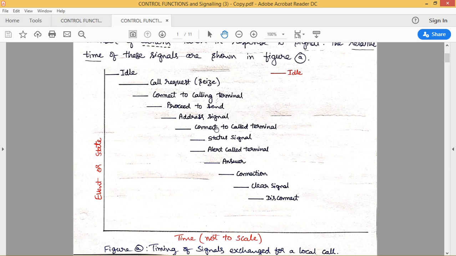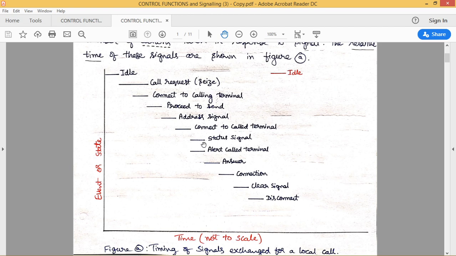After that, a connection to the called terminal is established. After establishing the connection to the called terminal, a status signal is sent to the exchange. From the called person, the status, whether he is free or not, is sent with the help of the status signal.